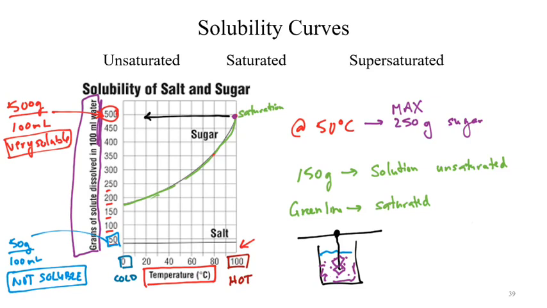Why does that become important? Well, that solution that's now holding all of that sugar realizes that we shouldn't have that much sugar in there. And so the supersaturated solution attempts to alleviate that stress by causing that 500 to 200 gap, this 300 grams of sugar, to crystallize out of solution.